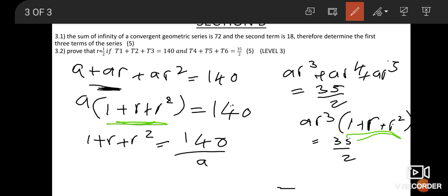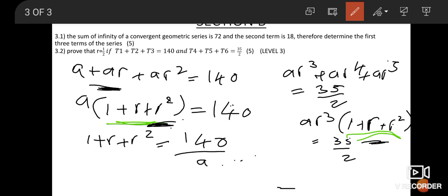Now because these two are the same, you can simply say they're the same. So then now we can just sub this 140 over a into that equation.